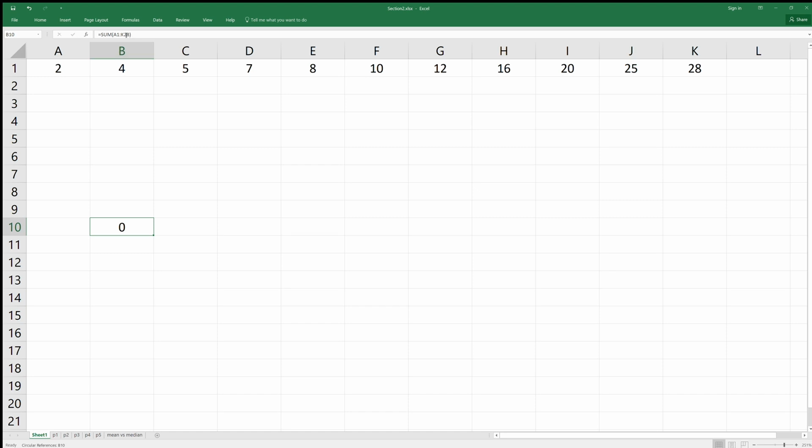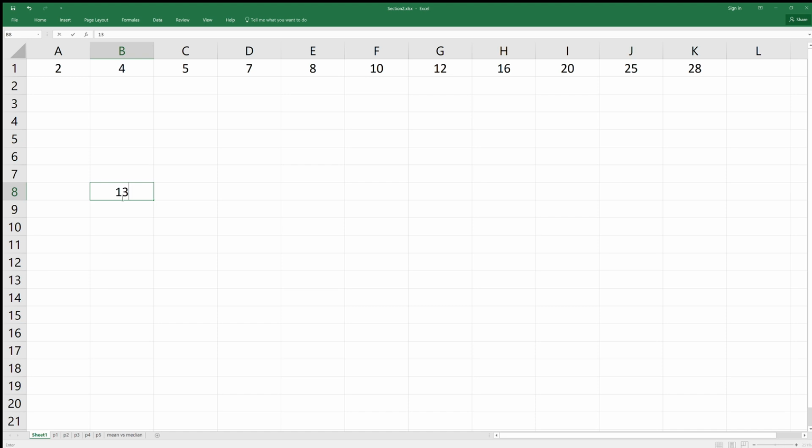Well, that's not right. Oh no, K1, that's what I want. Yeah, 137. That's what I'm getting on the calculator. So they add up to 137, right?